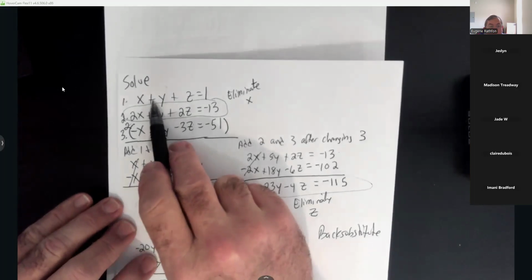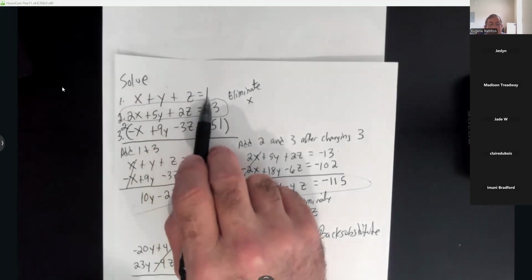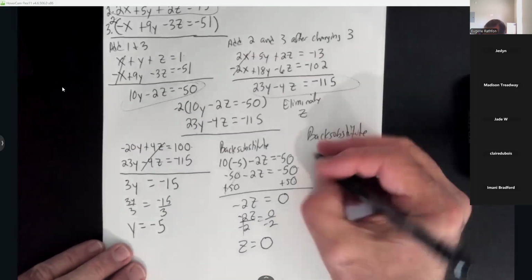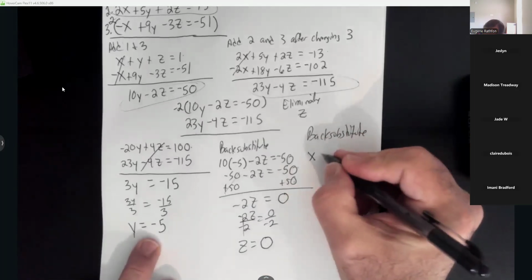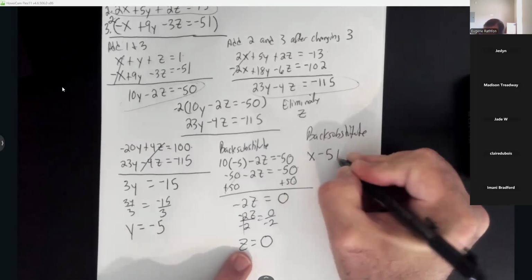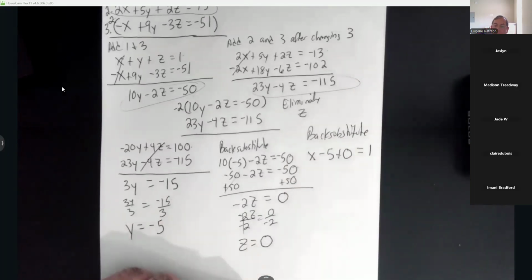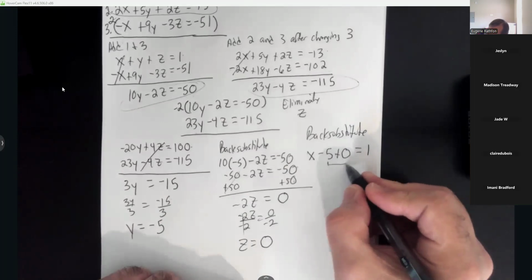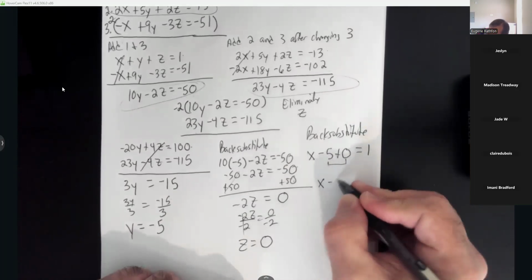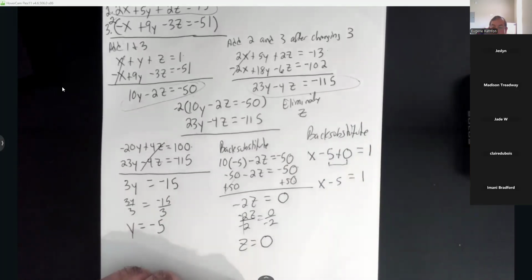into this one. x plus y plus z equals 1. I don't know my x, but I know my y was -5. I know my z was 0. And all of that has to equal 1. So if you add like terms, you get x minus 5 equals 1.